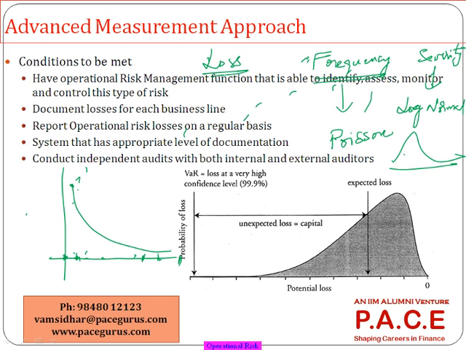Typically for operational risk, when we are talking about the loss distribution, the advanced measurement approach says you can have your own model for modeling the loss frequency, another model for modeling the loss severity, and superimpose these two to create the total loss size, the loss distribution, for the whole bank as well as for each business line.